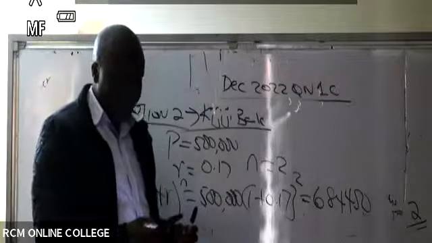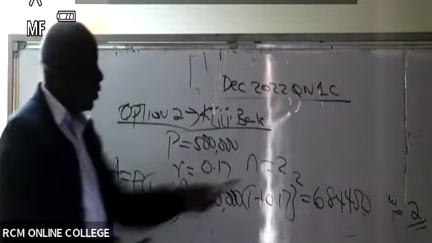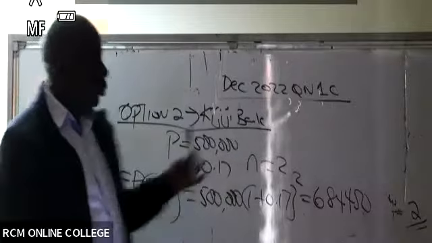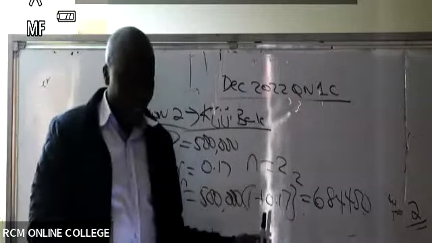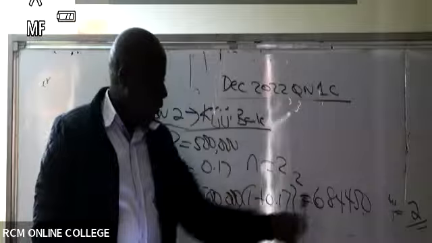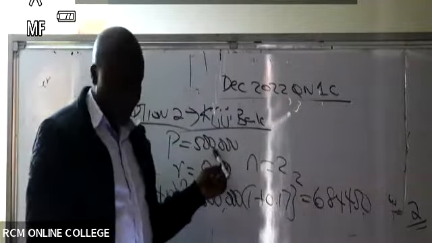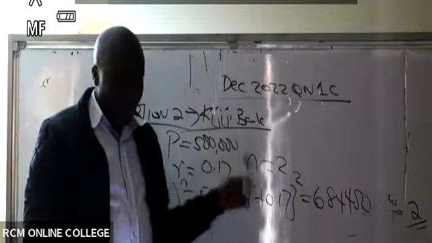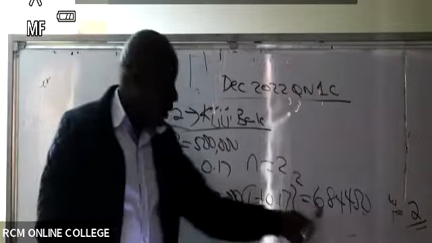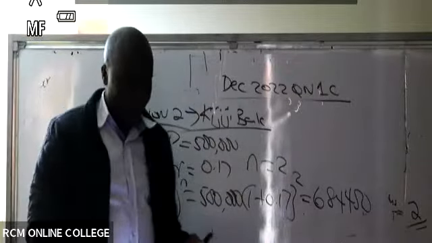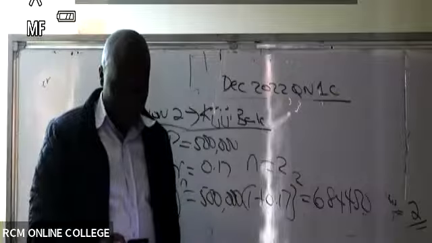Okay, great. Having gotten this, are you able to tell me the interest earned? Interest earned will be this amount minus the investment. I'm sure you can give it to me.